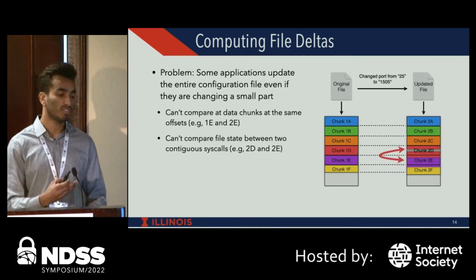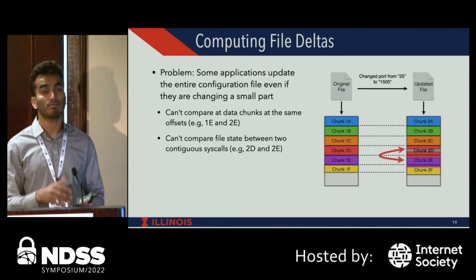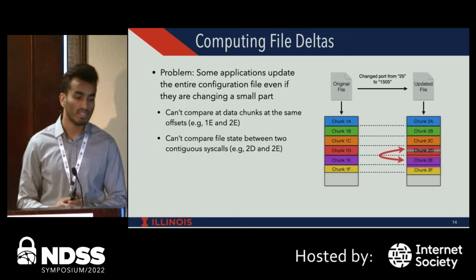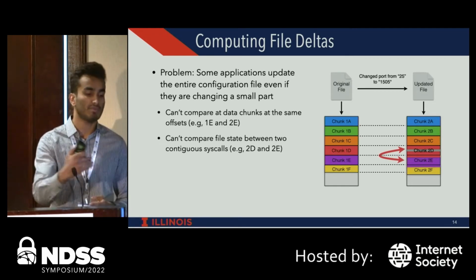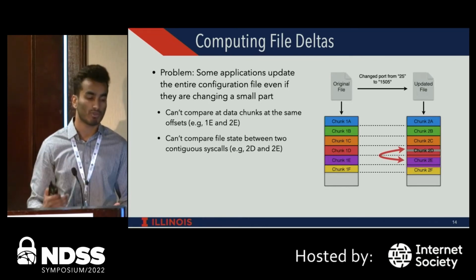Moreover, we also observed that we cannot compute the correct file delta by comparing the complete file state between 2 contiguous write system calls. For example, in this case, if we were to compare the complete file state between the 4th and the 5th system call, we'll again come to the incorrect conclusion that 2 bytes were added and removed from the file.